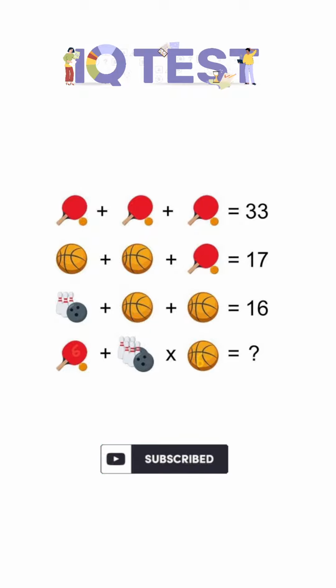That will give us 33. 2 basketball and 1 racket, that is 17. Then the bowling ball with 2 basketball is 16. Okay, so this is the last question for today.